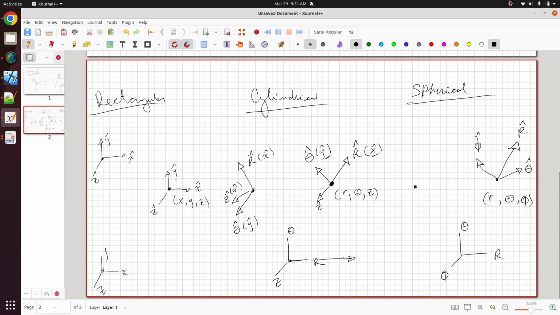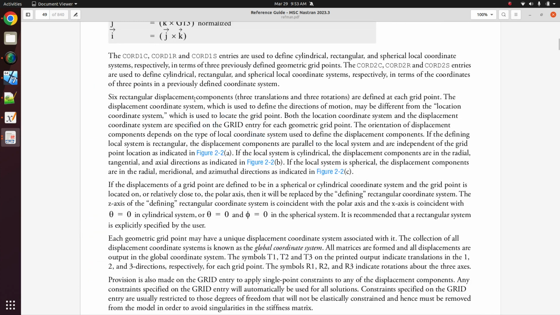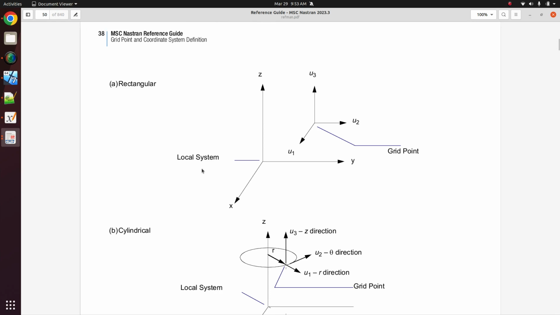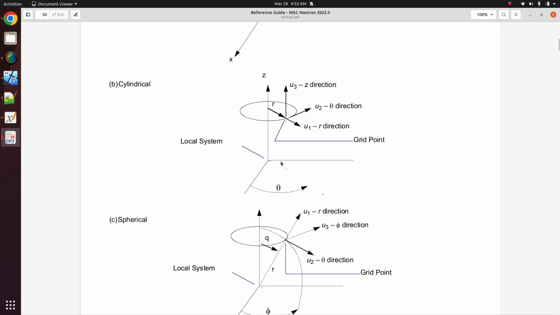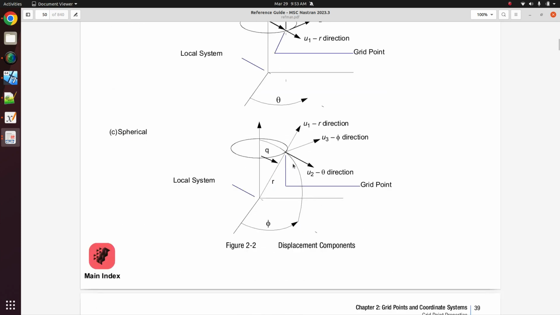So then here, for the spherical coordinate system, r hat, phi hat, and theta hat, you might be asking, okay, which one's the x hat, which one's the y hat, and which one's the z hat? If you refer to the Nastran reference guide, after those two paragraphs I mentioned, you get these figures. If you refer to figure 2.2c, this tells you what the unit vectors are.